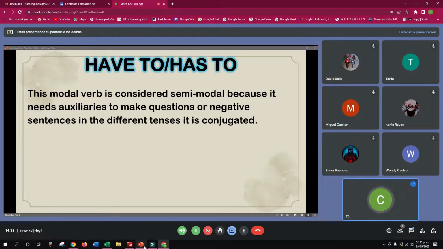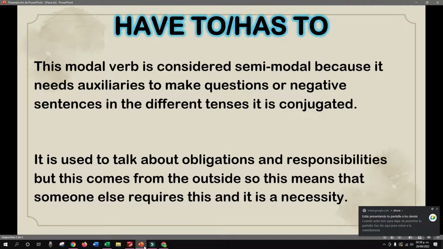So, it says, it is used to talk about obligations and responsibilities, but this comes from the outside. So, this means that someone else requires this and it is a necessity, right? Entonces, estos modal verbs los vamos a utilizar para hablar de obligaciones y responsabilidades que vienen de fuera.